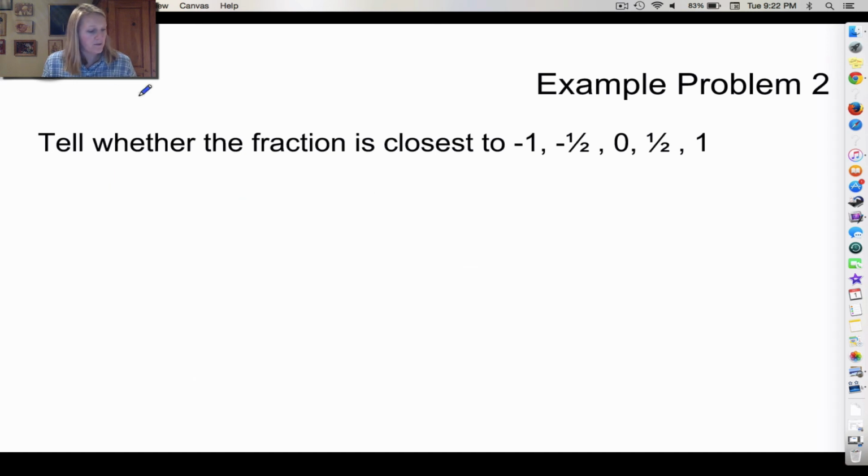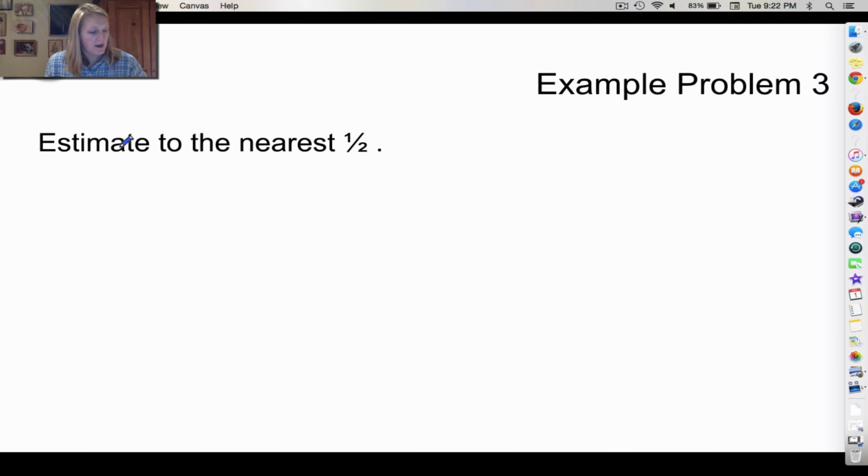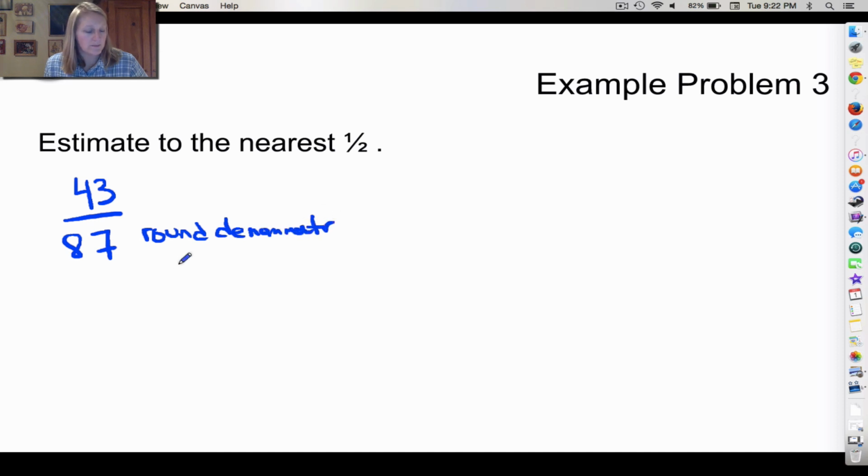Okay, another type of problem. Two more types of problems that you might have. Another type of problem is to estimate a fraction to the nearest half. So the example problem: estimate this fraction to the nearest half. And the way that I'm going to ask you to do this is to go ahead and round the denominator to a nice, beautiful number.